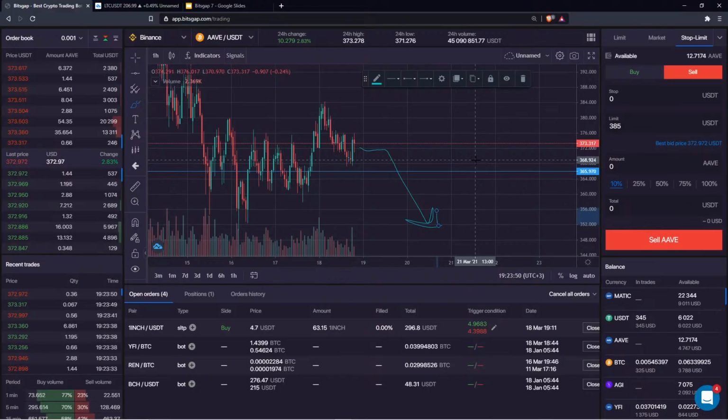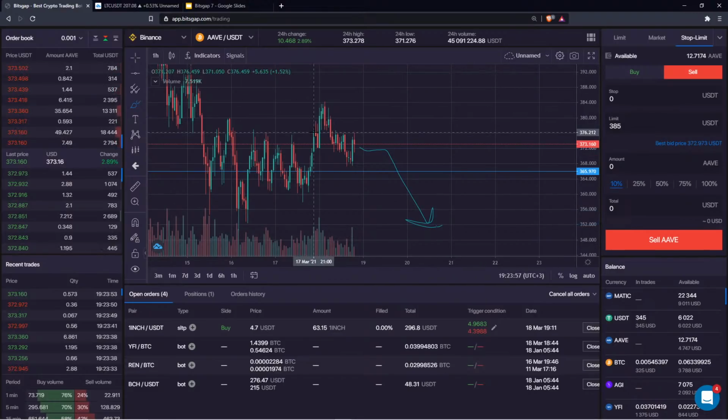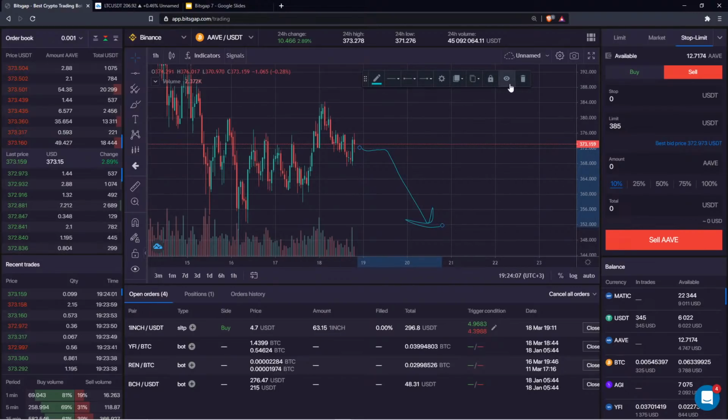Hypothetically, let's assume that if it breaches this level, it will continue the downfall. So the condition here is that it has to breach this price. This is where you can set your stop limit sell. Once it reaches this level, it will sell.